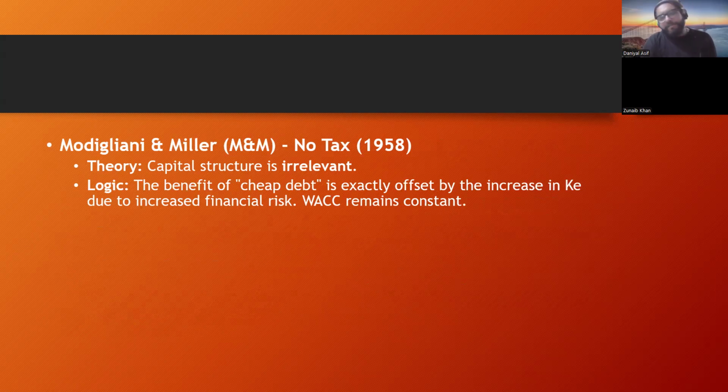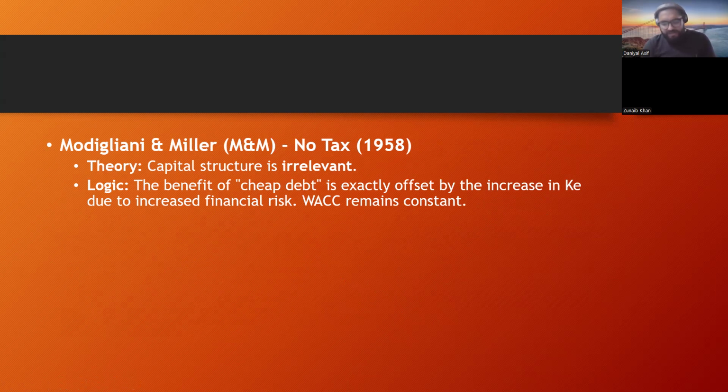Modigliani and Miller, M&M. They were two theorists, and they suggested in 1958 that capital structure is irrelevant, and that in a tax-free world, the value of a geared firm is equal to the value of an ungeared firm.